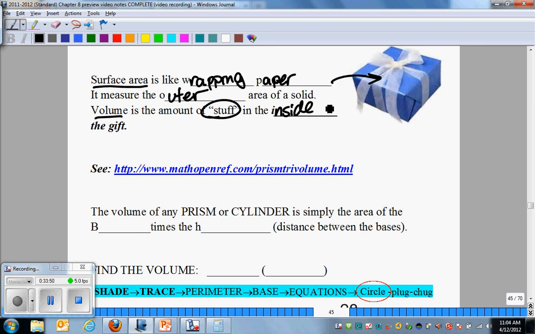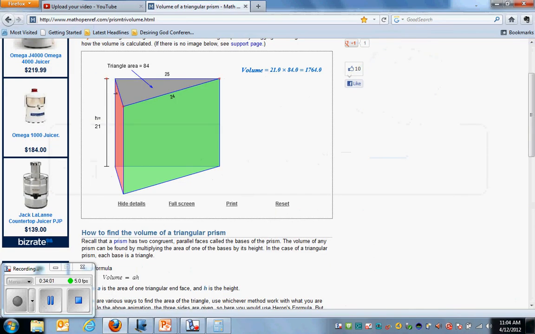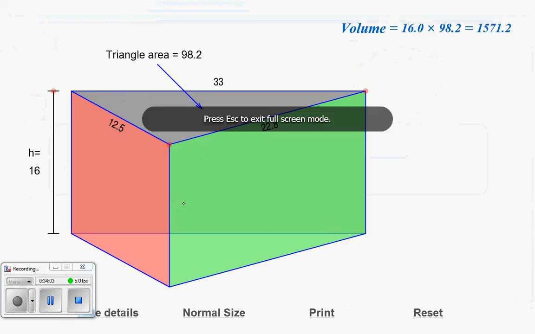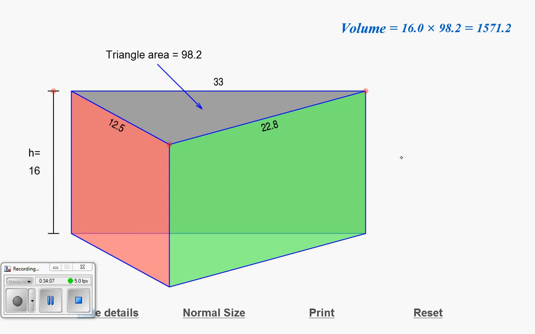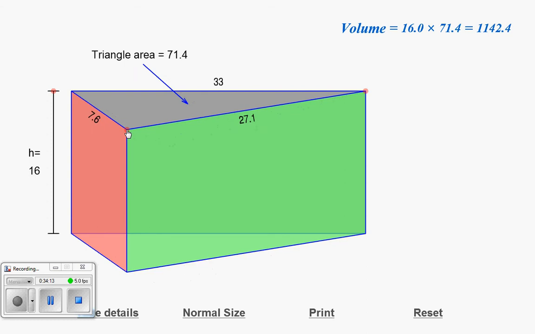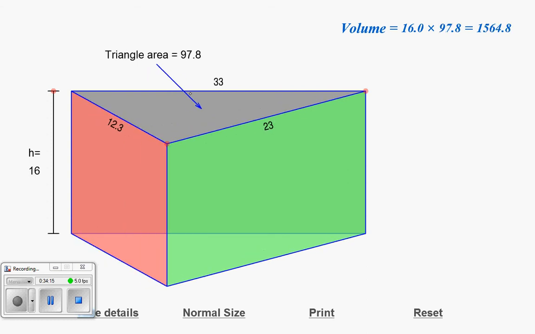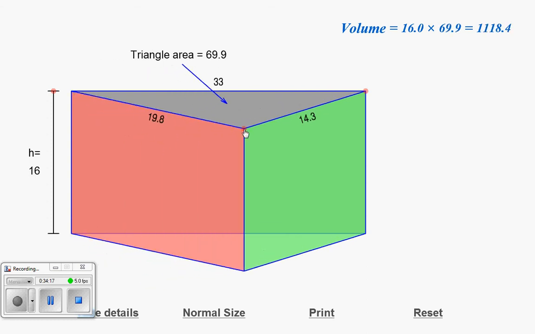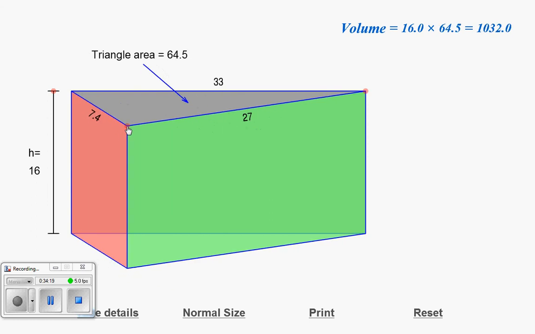Now, to find the volume of a cylinder or prism, it's actually quite easy. It's much easier than working with surface area. So take a look here at this prism. This is a triangular prism here. And you can see here as I move this around that the gray area would be the base.